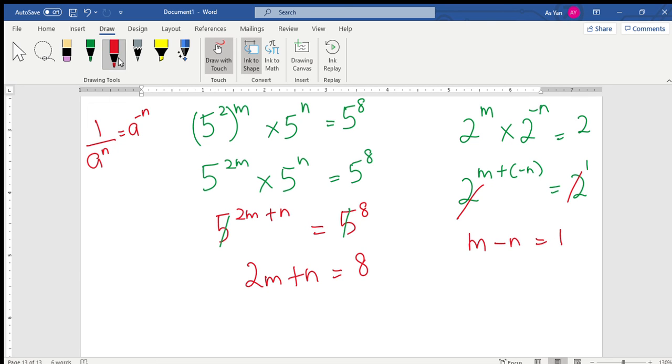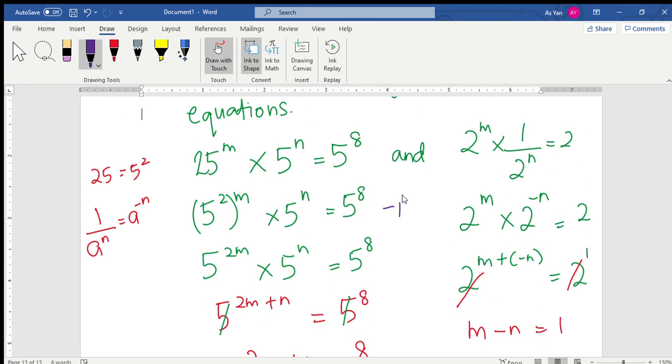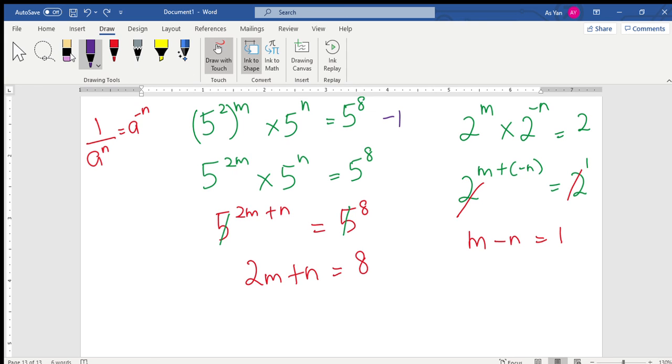So let's solve this simultaneous equation. I want to choose the purple color. 2m plus n equals 8 as equation number 1, then m minus n equals 1 as equation number 2.